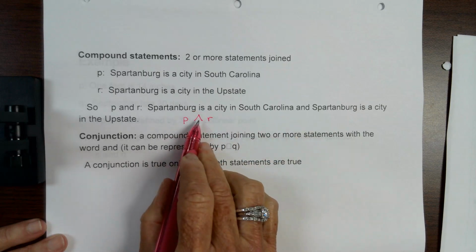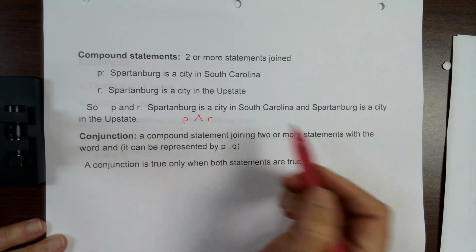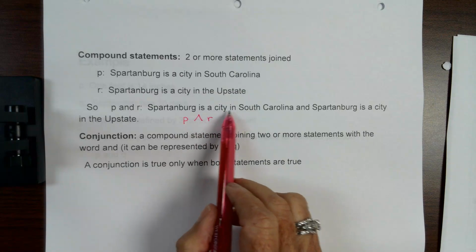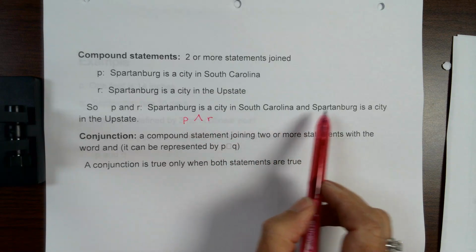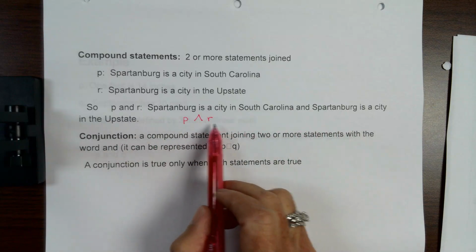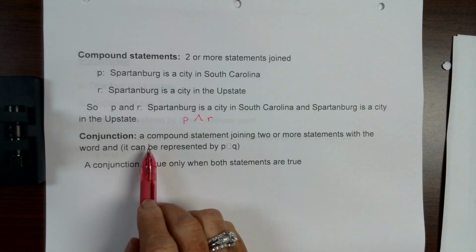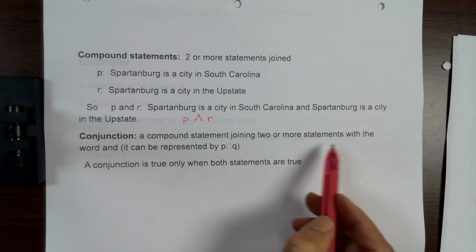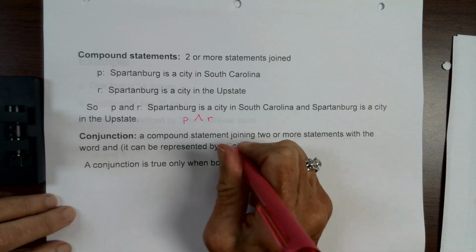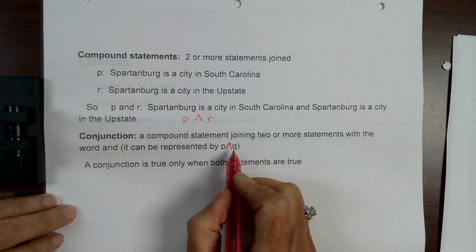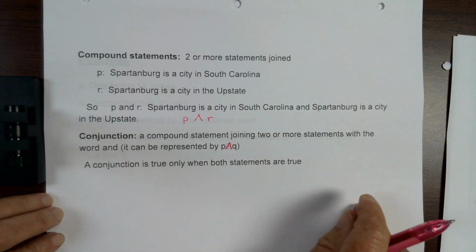That tells me Spartanburg is a city in South Carolina and Spartanburg is a city in the upstate. You can always remember that because you can make that into an A.